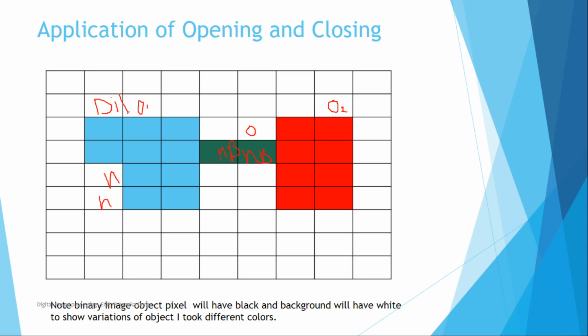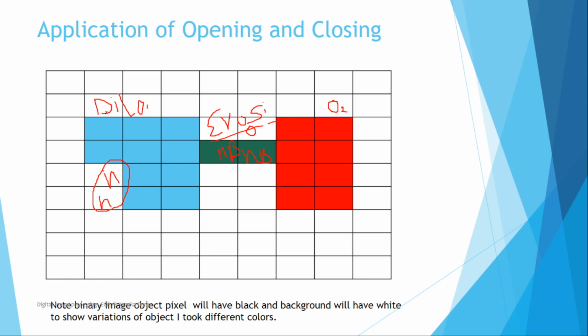So if I apply the dilation to the image, it is going to remove that noise. Next, in the erosion operation, we observed that if I apply the erosion operation on the image, background noise is going to be removed. So by applying erosion, I am able to remove the noise present in the background.